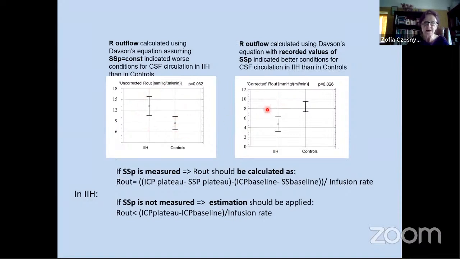But when Rout for IIH patients is calculated with correction for increasing sagittal sinus pressure, it tends to be lower than in normals. The question arises whether such coupling between ICP and sagittal sinus pressure can be seen not only in IIH, but in normal pressure hydrocephalus or other conditions. If so, all our attempts to calculate Rout are in vain.